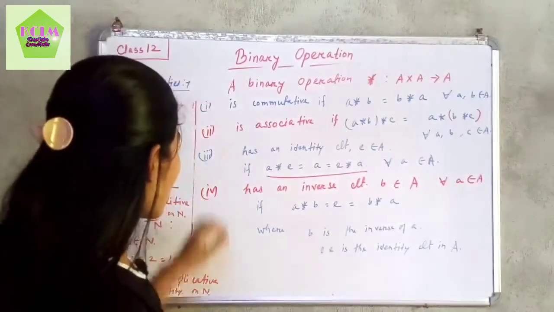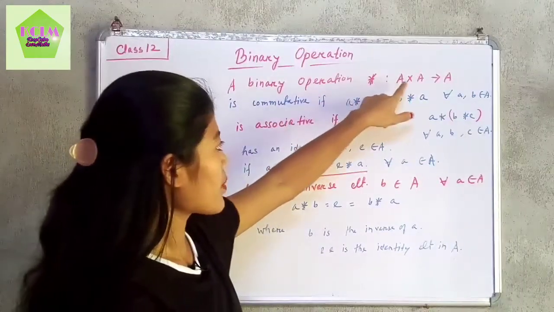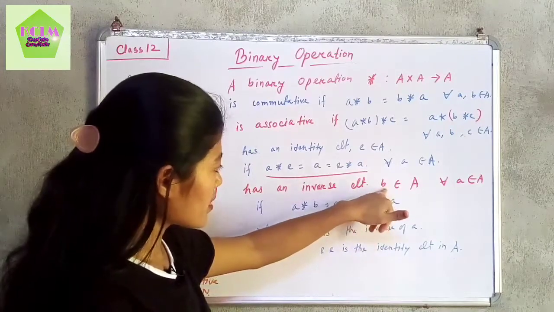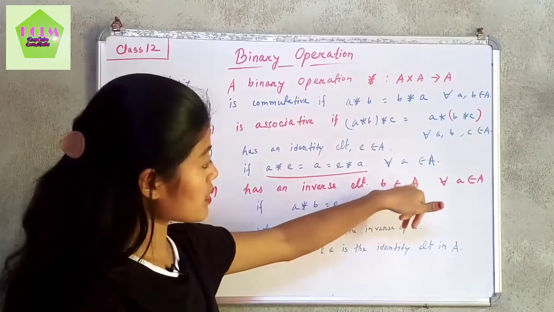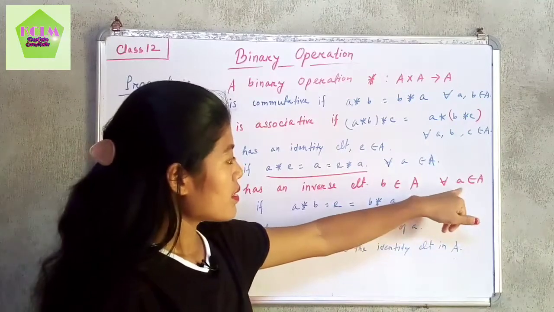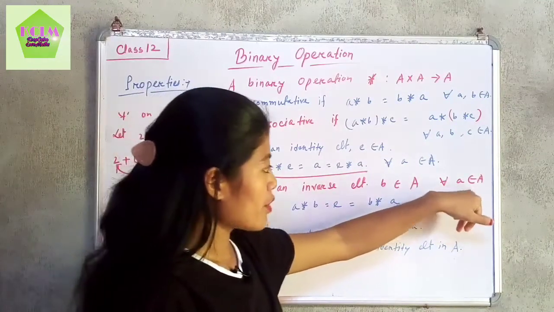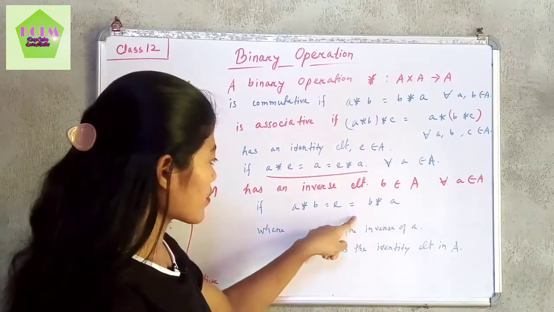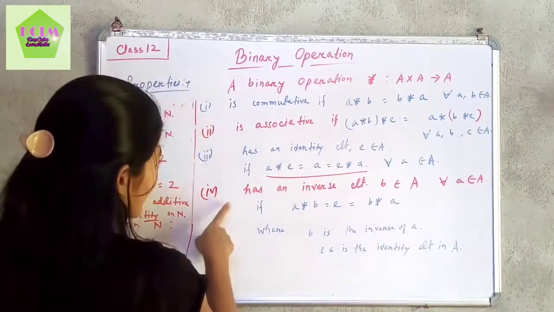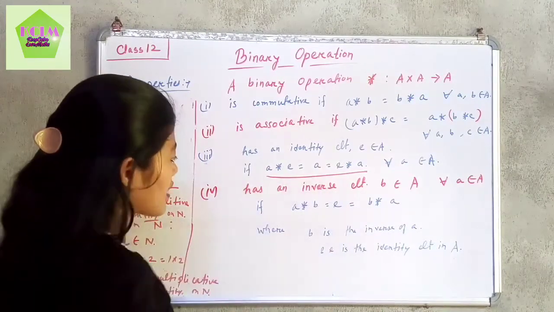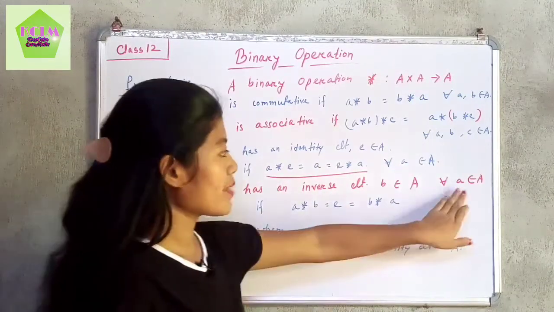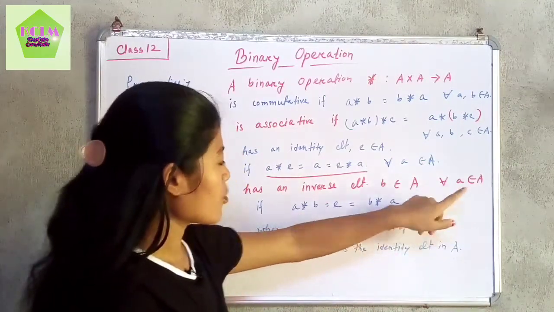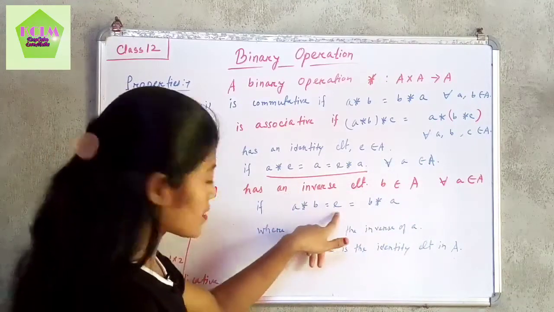A binary operation star from A cross A to A has an inverse element B, where B belongs to the set, for all elements A belonging to A, such that A star B equals E equals B star A. The definition of inverse element is like if we have an element A and if the element A operates with the inverse element, then it gets the identity element.